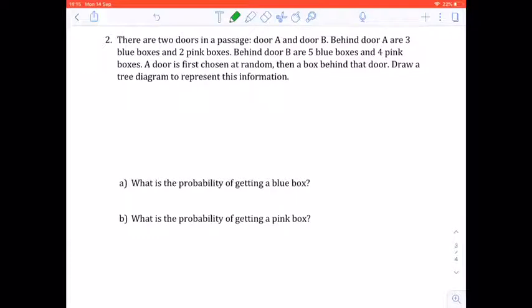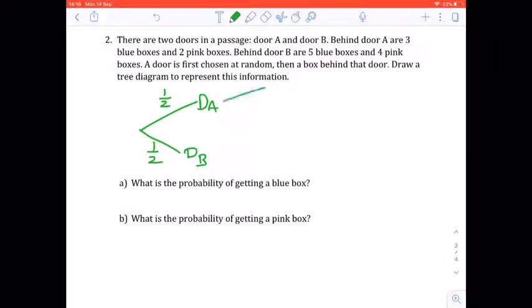Okay, so first we're choosing a door, and there's 2 doors, which is door A and door B. And the chance of choosing either of those would be a half. It's a 50-50 chance. Next would be the box behind the door.